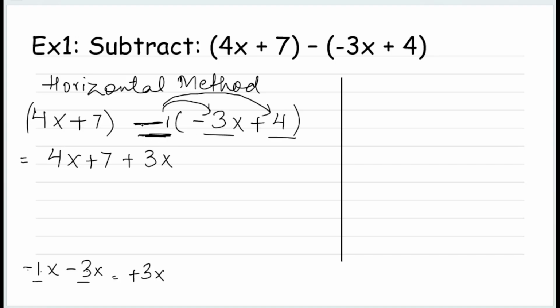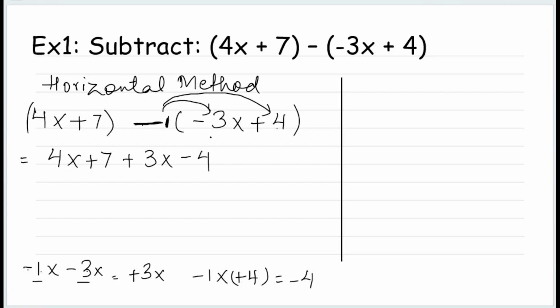Now, when negative 1 is multiplied by plus 4, we get negative 4. So this will become negative 4. This negative sign, which can be considered as negative 1, is distributed, or you can say multiplied, with all the terms of the second bracket, and when we multiply with negative 1, the signs get changed.